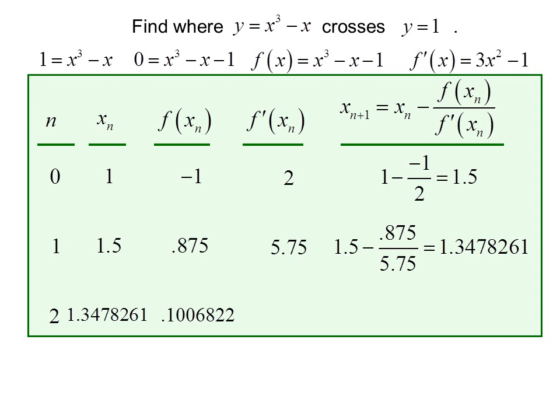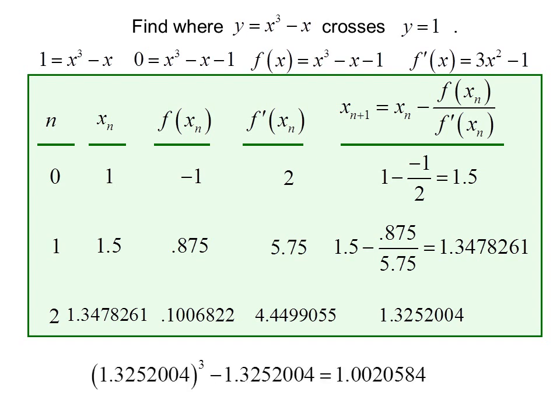I can plug that value into my original equation and my first derivative equation. And then I use the Newton's method equation to get a new guess for x. If I plug that back into my original equation, I see that my answer comes very close to 1.